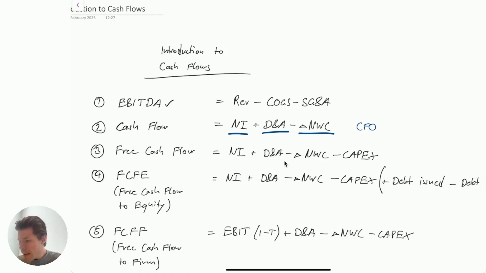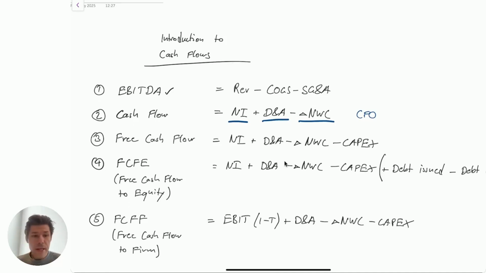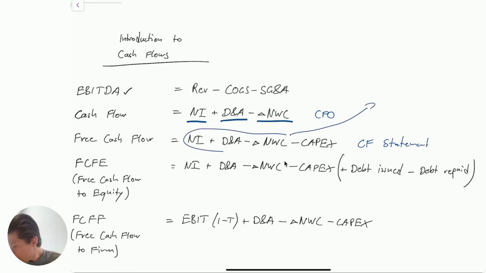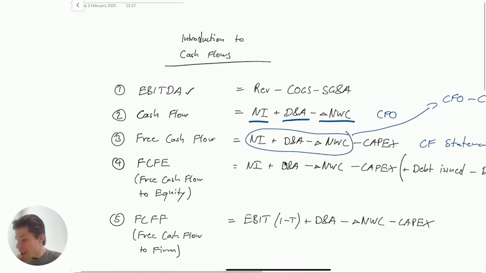Then an additional metric is called free cash flow, which you will find basically in your cash flow statement at the very end, which is basically your CFO minus CapEx. So you see this as well.